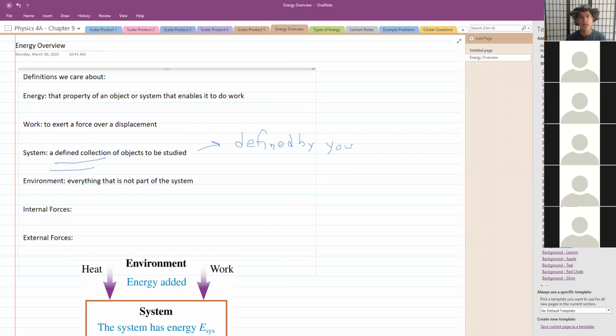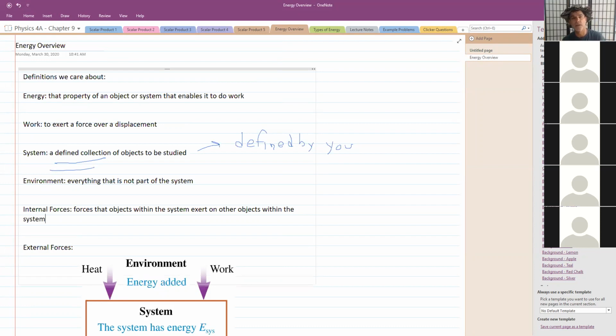Internal forces, if you had to take a guess, what would you think internal forces are? And the answer is forces that objects within the system exert on other objects within the system. So let me just type that out. Forces that objects within the system exert on other objects in the system.